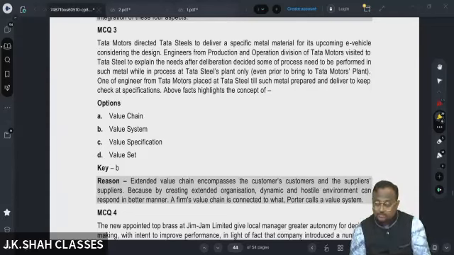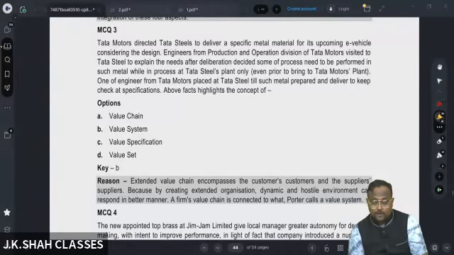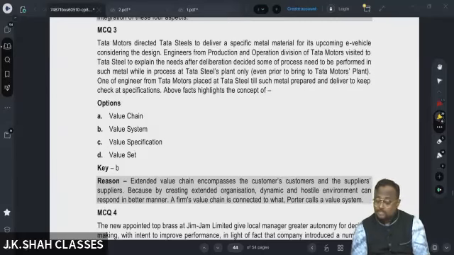While in process, Tata Steel planned only, even prior to bringing it to the Tata Motors plant, this has happened. One of the engineers of Tata Motors says that Tata Steel is to keep a check on the specification till such metal is prepared and delivered. So what is it? Value chain, value system, value specification, or value set?